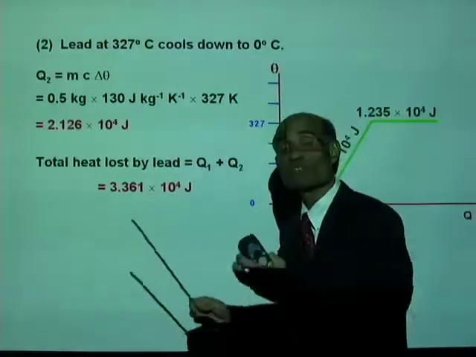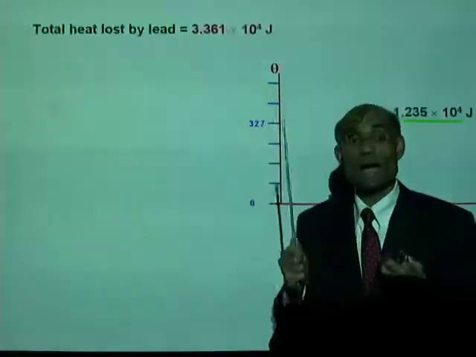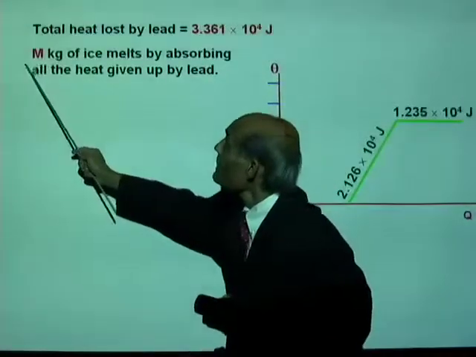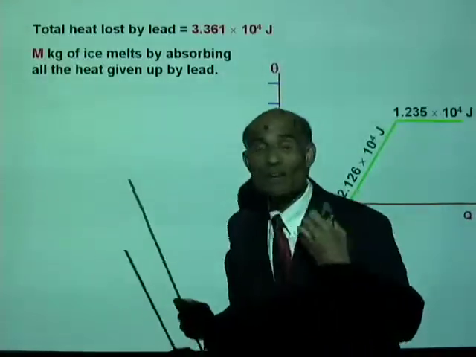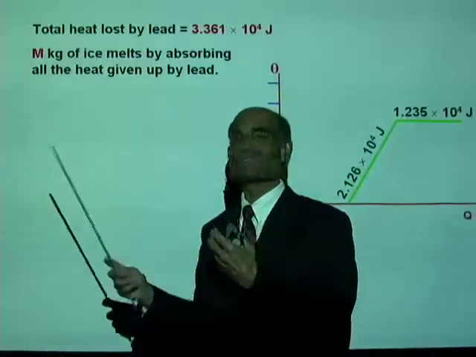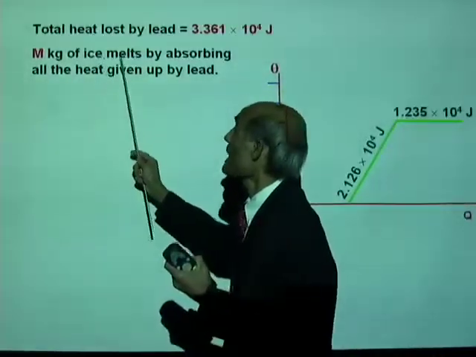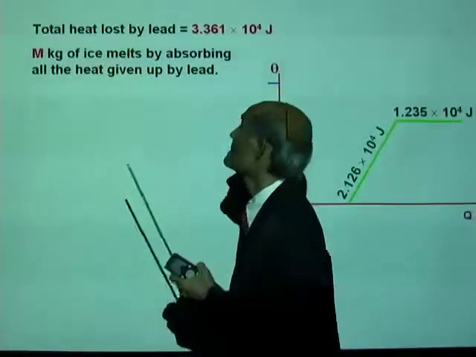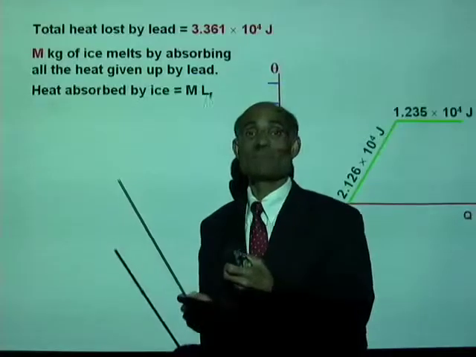Let's set up the equation for the heat absorbed by ice. Suppose m kilograms of ice melted using that heat. M kilogram of ice melts by absorbing all the heat given up by lead.